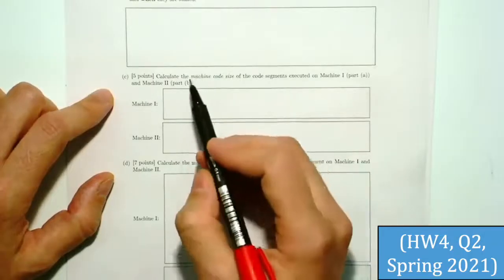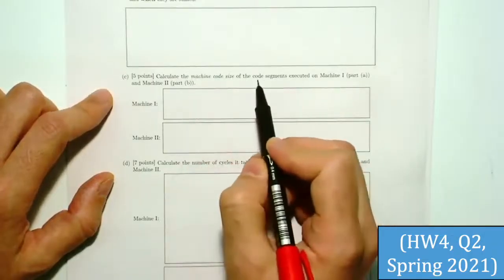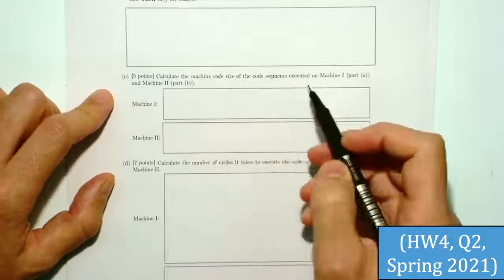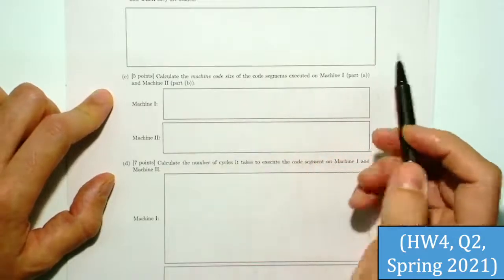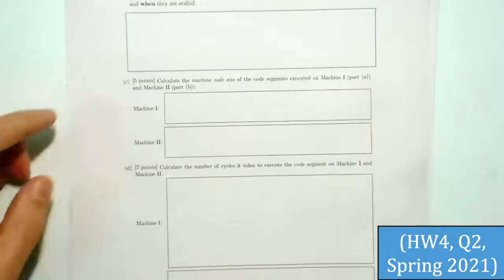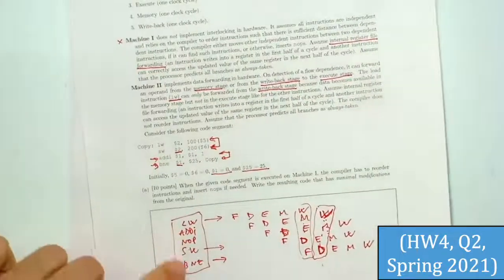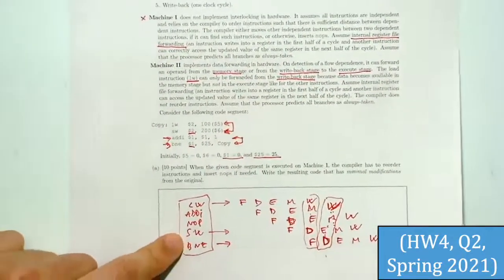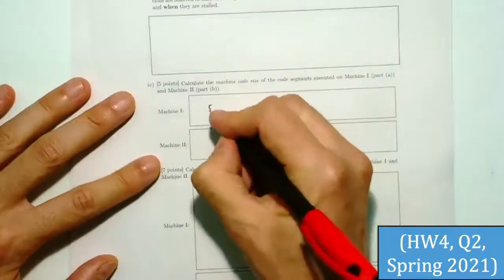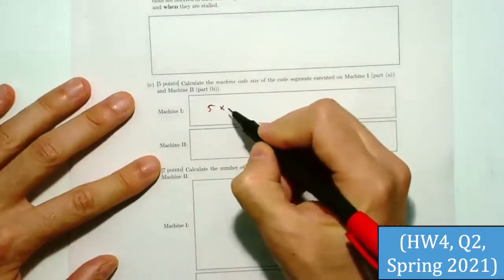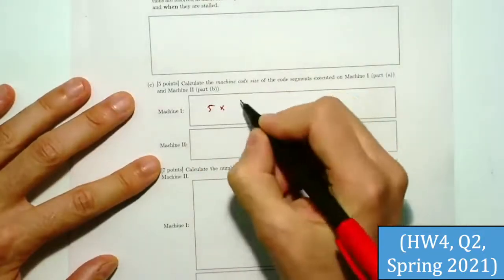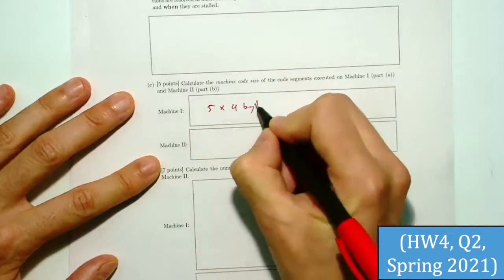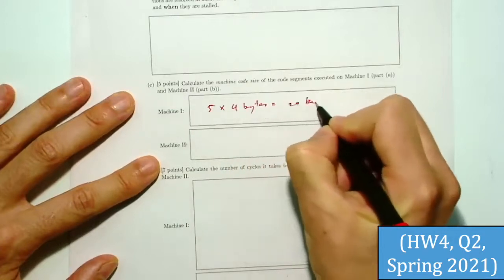So calculate the machine code size of the code segments executed on machine 1 and machine 2. In machine 1, we have 5 instructions, and each instruction is 32 bits, or 4 bytes. So we have 20 bytes.